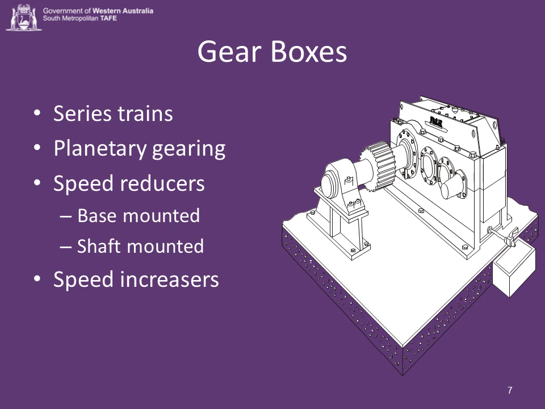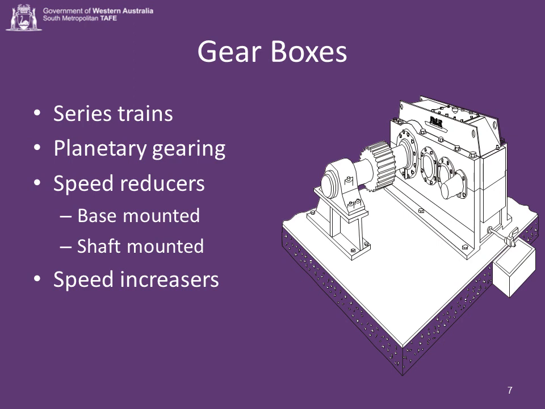A gearbox may have one or more gear pairs. The gear pairs may be on parallel or non-parallel axes and on intersecting or non-intersecting shafts. If it has more than two pairs, the setup is called a gear train. Generally, they permit high speed ratios in smaller packages than are feasible with a single pair of gears.